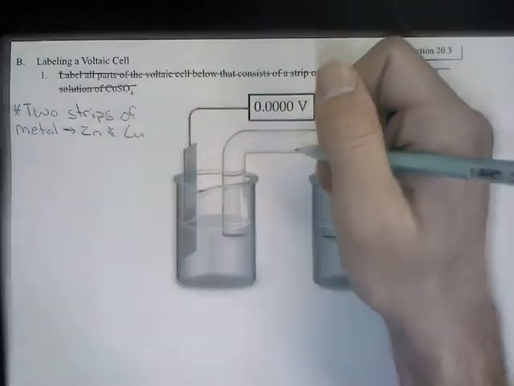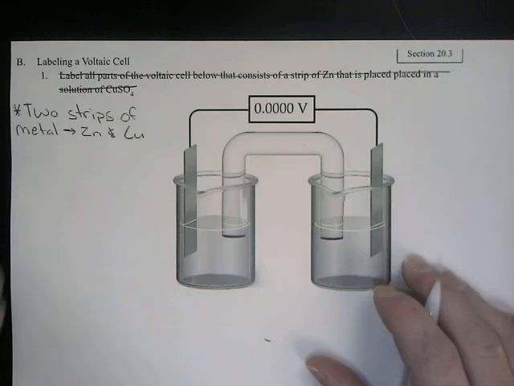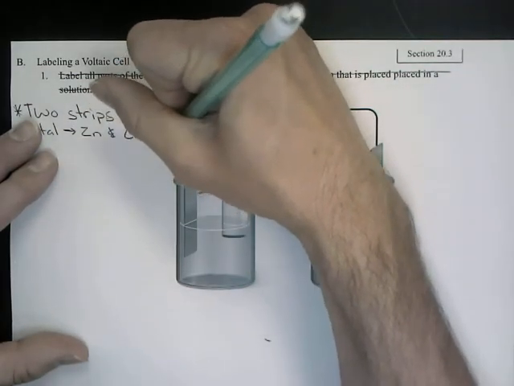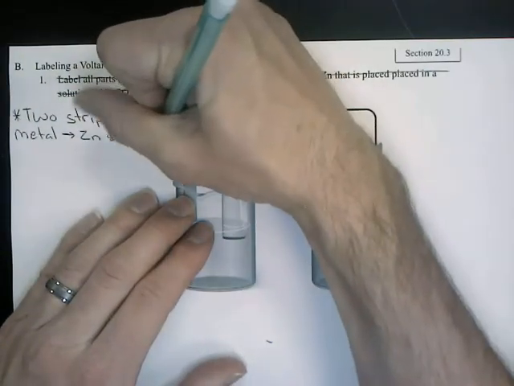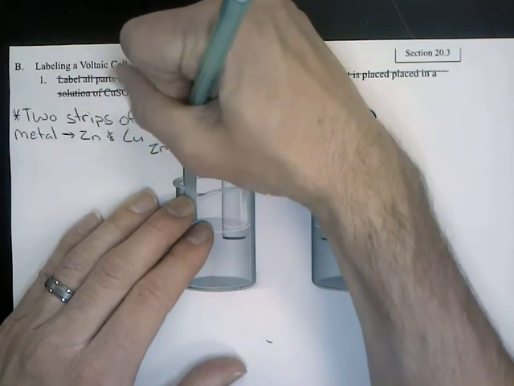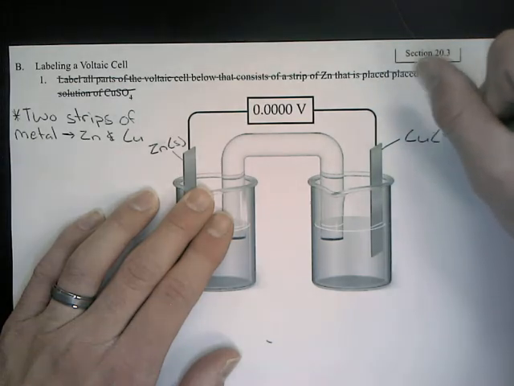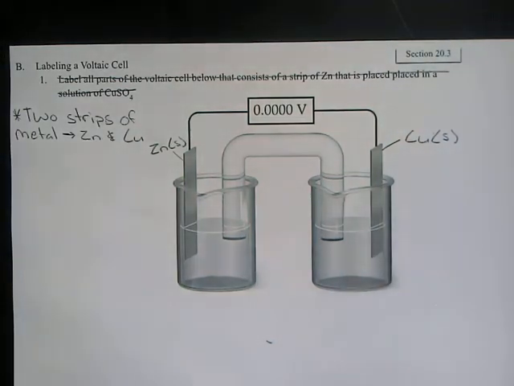So we have here our zinc. I'm going to label this metal here as zinc metal, and we can call this solid zinc here. And over here, we'll call this solid copper. Now, I do want to use this here that it is placed in a solution of zinc sulfate, excuse me.